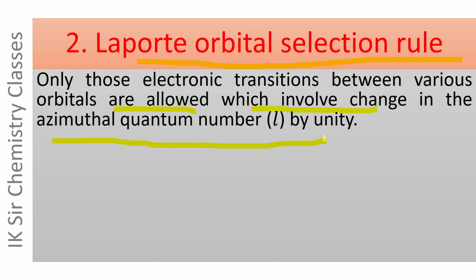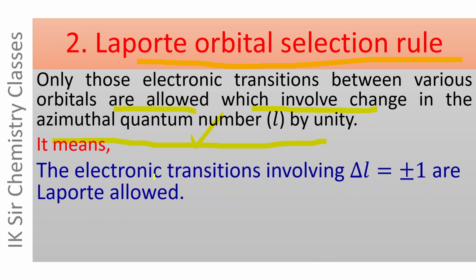Only those electronic transitions between various atomic orbitals are Laporte allowed which involve the change in azimuthal quantum number, that is L, by unity. It means the electronic transitions involving delta L equals to plus minus 1, that is change in azimuthal quantum number takes place by unity, are Laporte allowed.